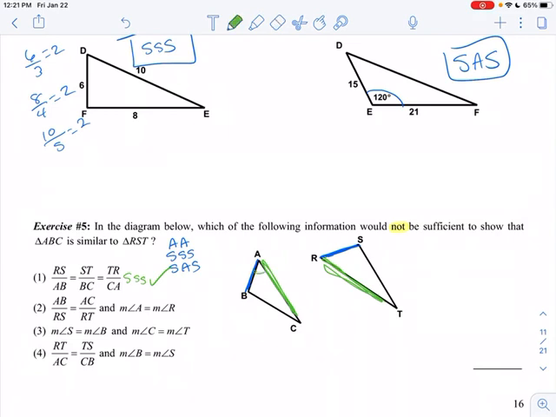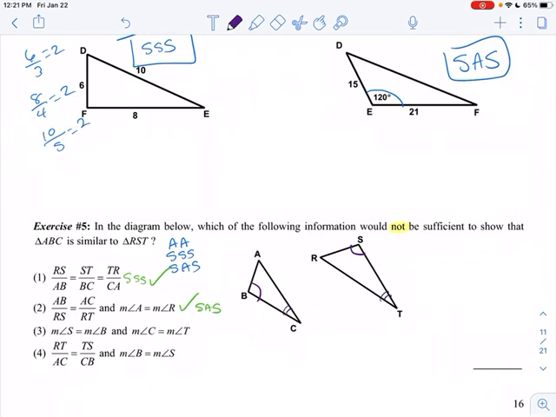And angle A, which is between the two sides, and angle R, which is between the two sides. So this one's perfect also. That's side-angle-side. And then this next one, number 3, is showing us that angle S is congruent to angle B, and angle C is congruent to angle T.